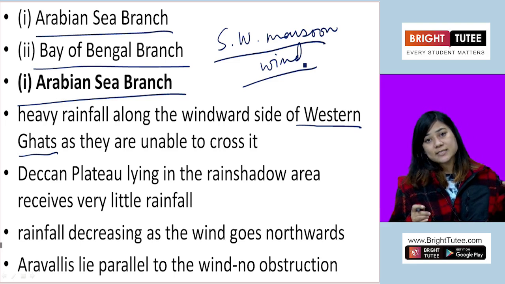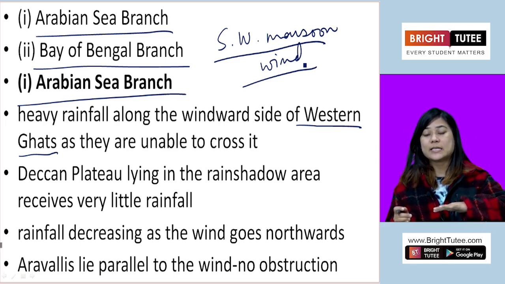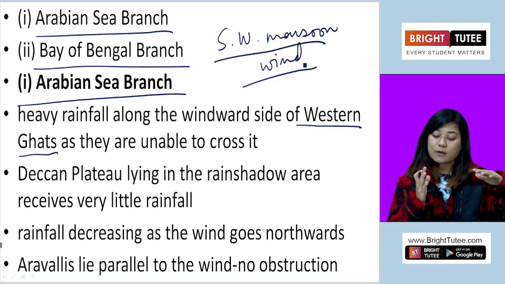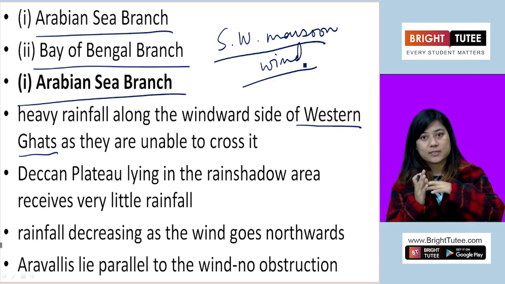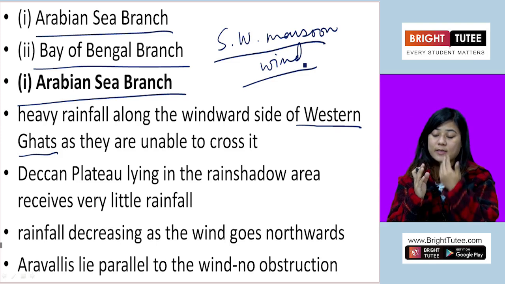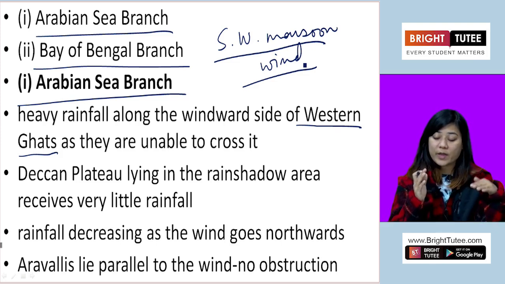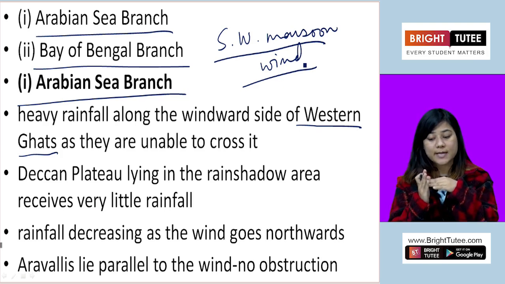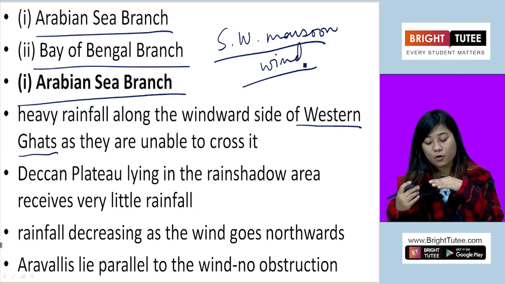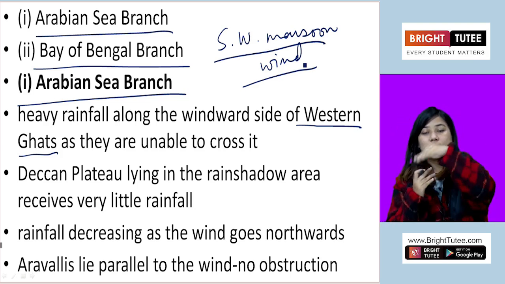Why? Because as this wind flows from the southwest direction towards mainland India, it comes in contact with the Western Ghats. Now it hits the hills. When it hits the hills, it causes rainfall, and the rainfall is experienced on the side of the hill where the wind comes in contact. That means on the other side of the hill, there is no rainfall, because this wind cannot cross over.